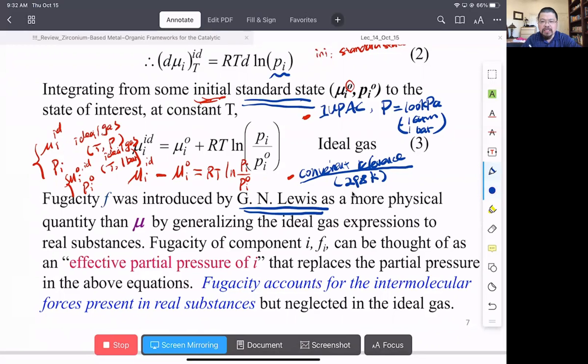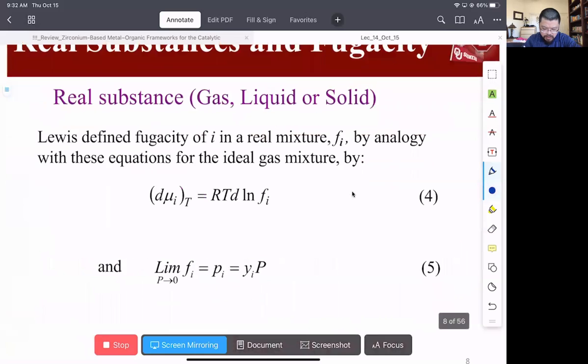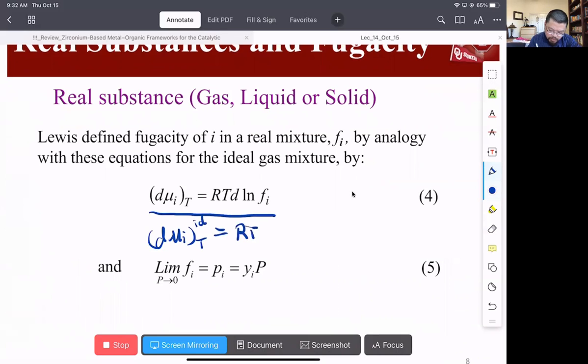So if that is the case, then let's write the equation by looking at the ideal gas equation. So now we simply write down the equation introduced by Lewis. So this is for the real substances. And if you compare with the previous equation, we have d mu i at constant temperature. This is the ideal gas, here will be RT, same temperature, d log Pi.